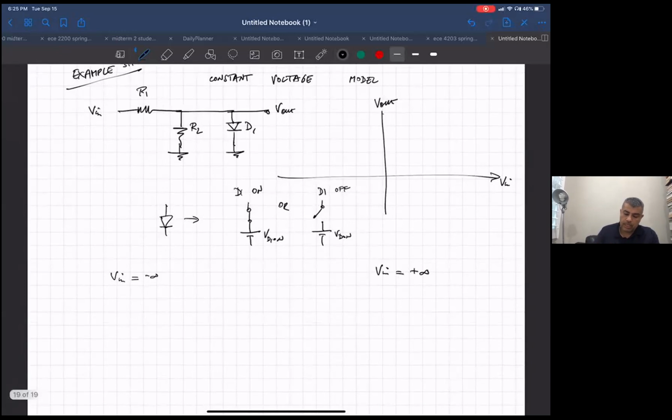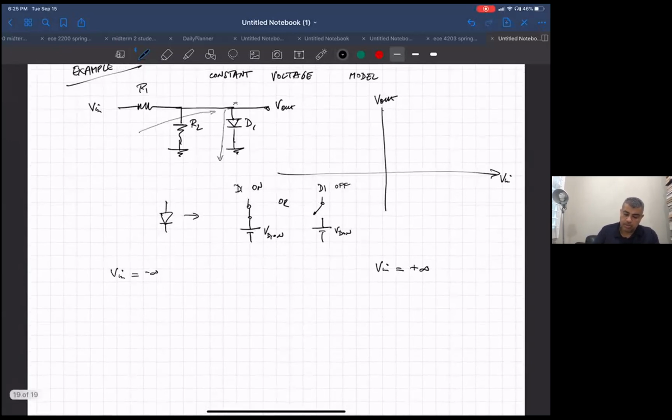Where Vn is very low, we're forcing this node, the P side of the diode, to be much lower than ground. We're dragging this all the way down and putting this diode in reverse bias. So when that happens, D1 is going to be off.